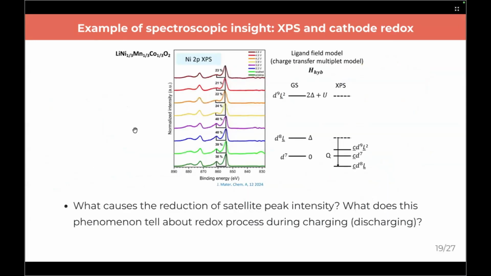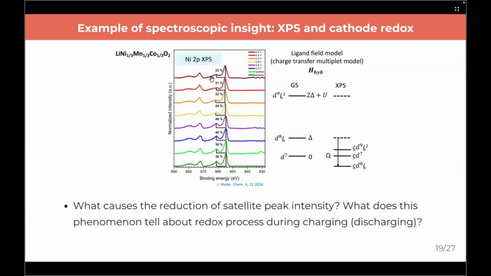Here we first focus on the cathode material, which is a lithium nickel manganese cobalt based battery cathode. And what we found experimentally is that with the charging process, or with the lithium removed from this cathode material, the satellite peak near the main peak gets reduced.